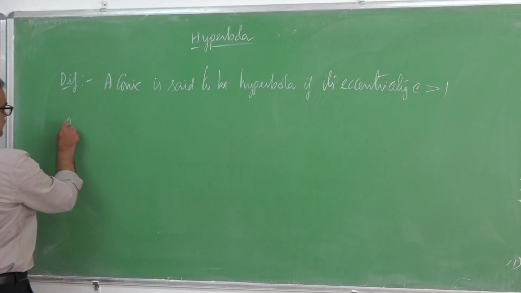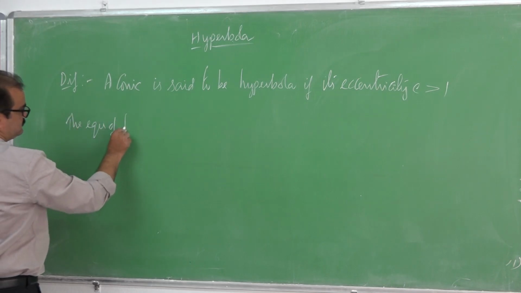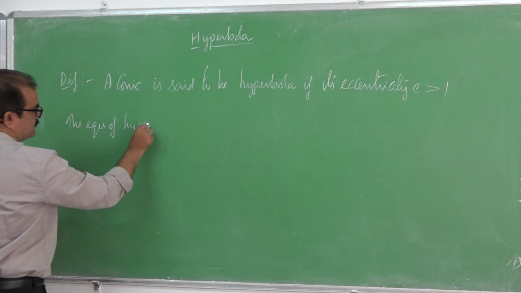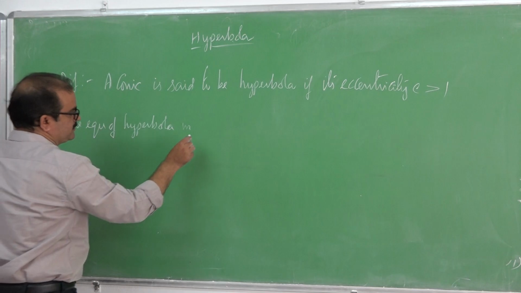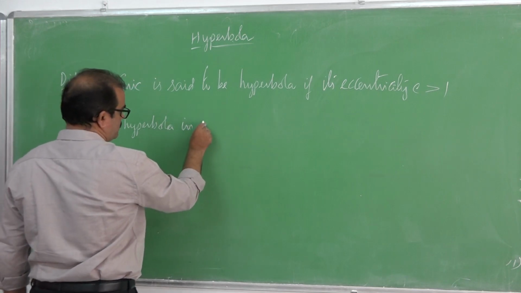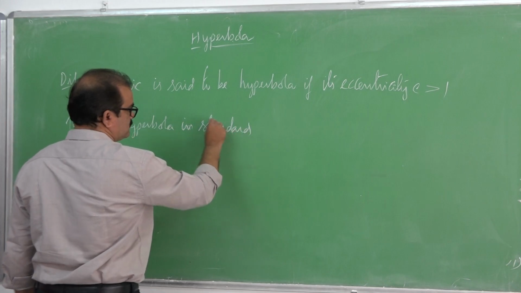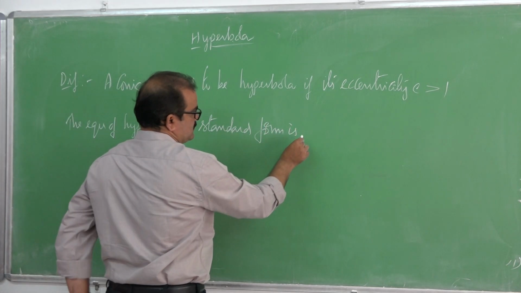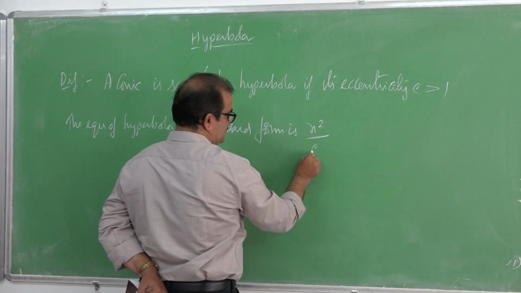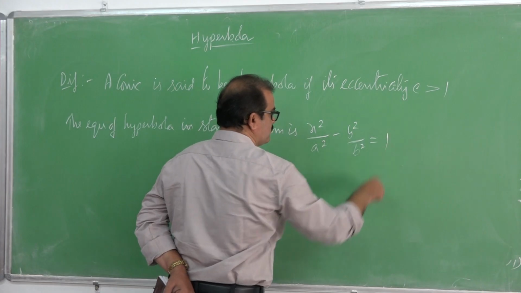Now the equation of hyperbola in standard form is x square by a square minus y square by b square is equal to 1.